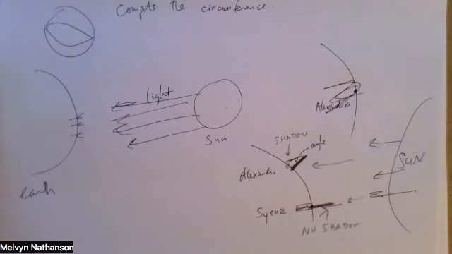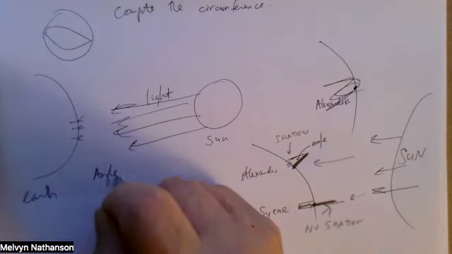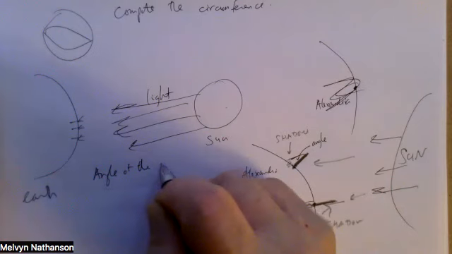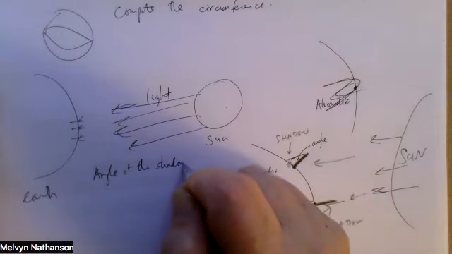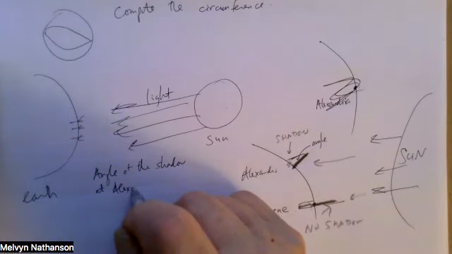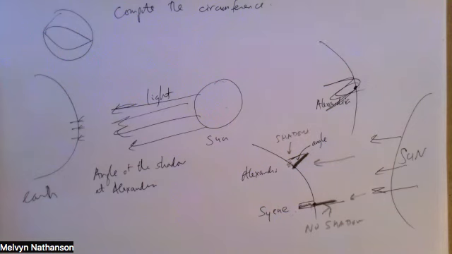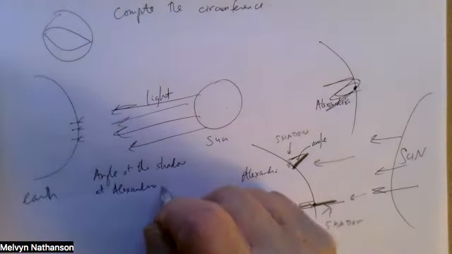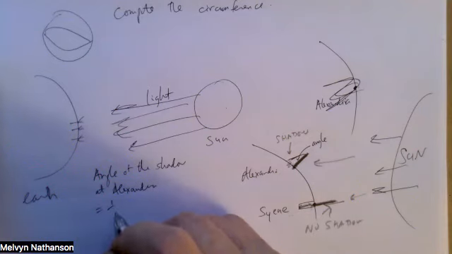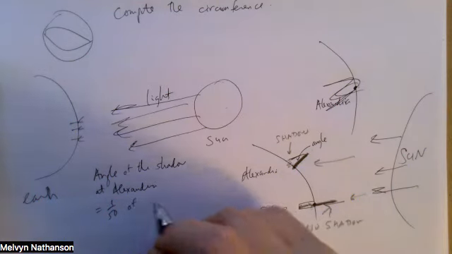And the angle of the shadow at Alexandria was measured by Eratosthenes to be 1/50th of the whole angle.